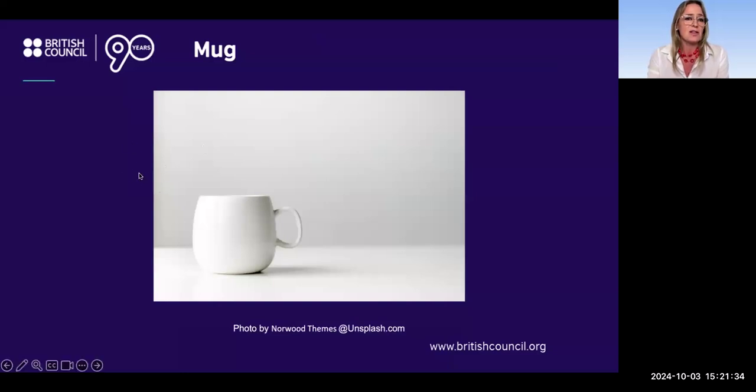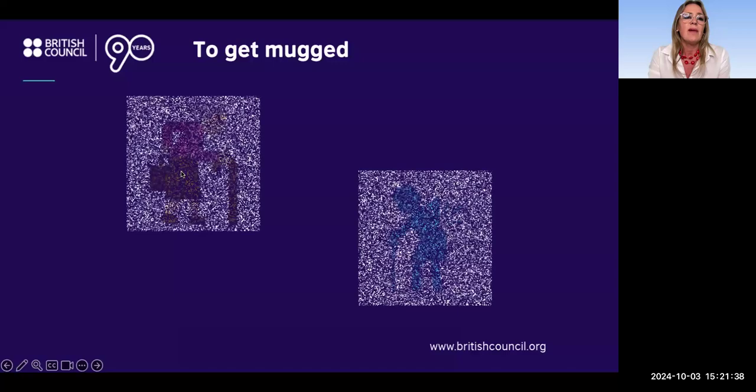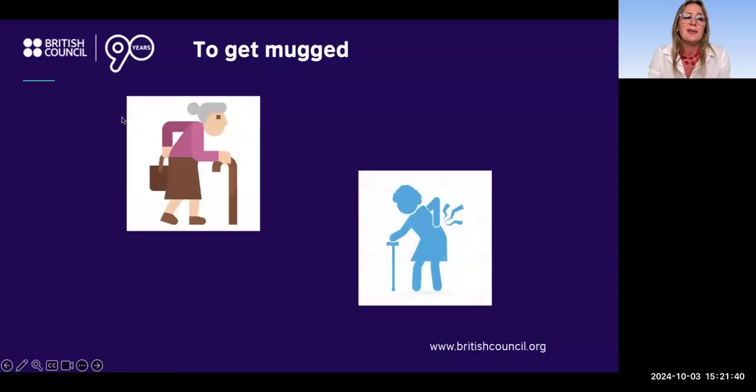So you can see the container with the handle and an elderly lady, again, so you can imagine the arm as a handle. And so it's easier to connect the less known meaning of get mugged to the word mug, just as a memory hook, really.